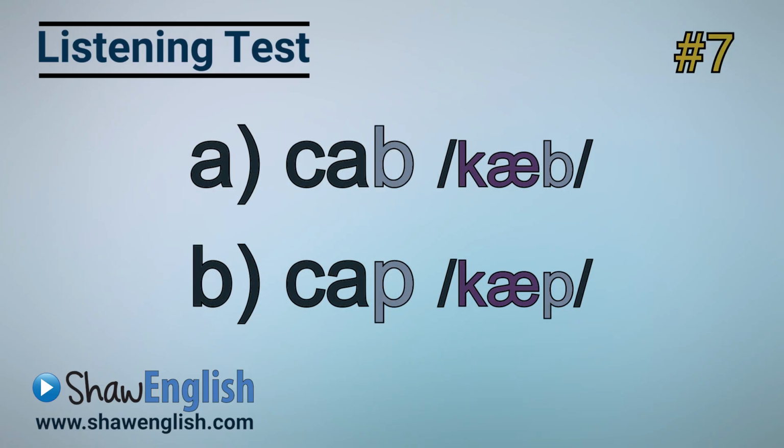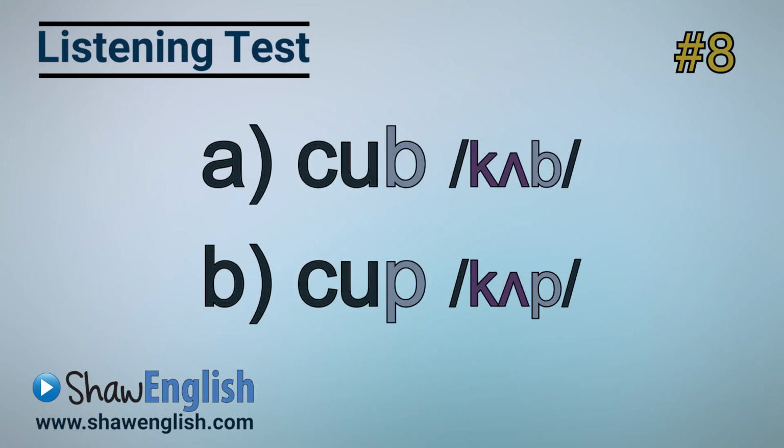Now, cap. Cap. It's B. A would be cab. What about now? Cup. Cup. Is it A or is it B? It's B. Cup. A is cub.